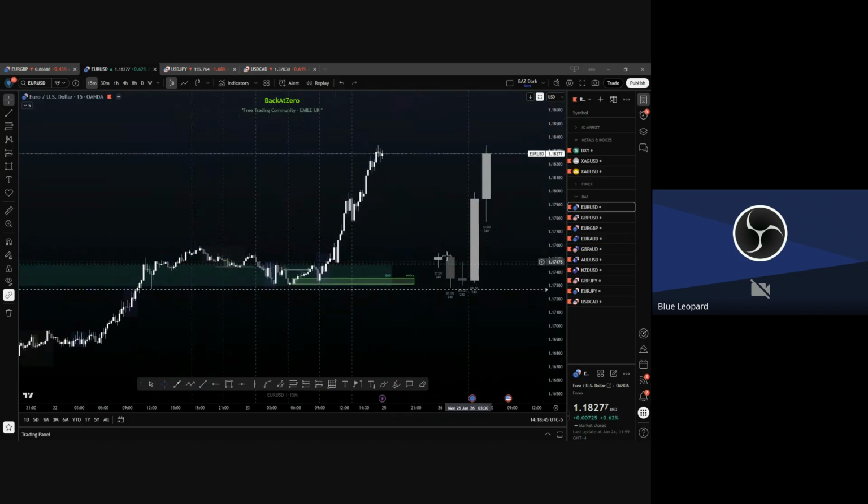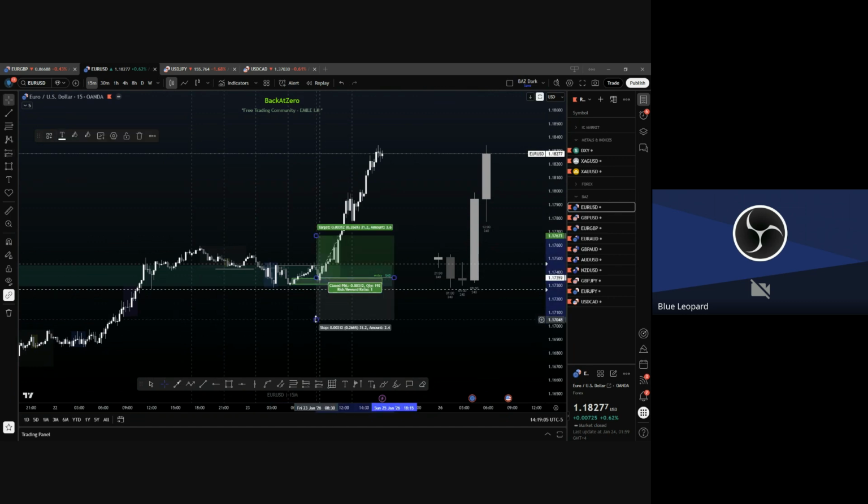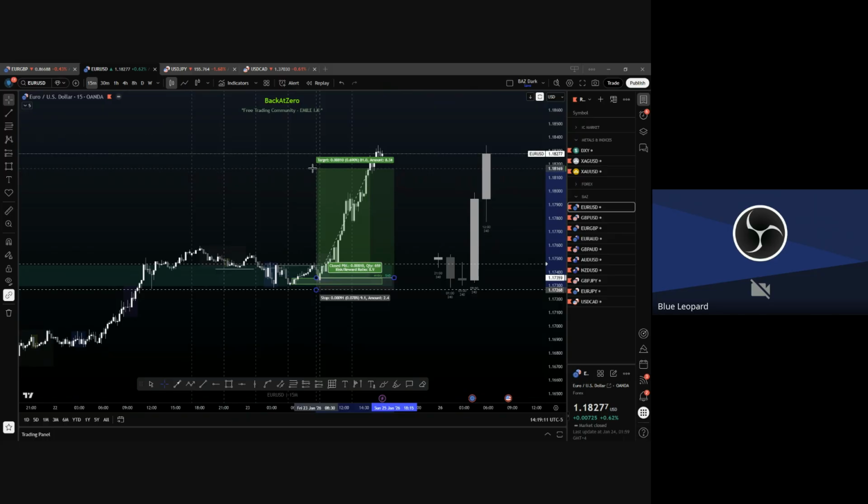And from H4, you can come and look on M15, where did the market sweep liquidity, and then where did it change direction? What was the last order block or supply or demand zone? And from here, you take a trade. Protect below the lowest point of the day, and you target up here. This is an 8.9 trade.